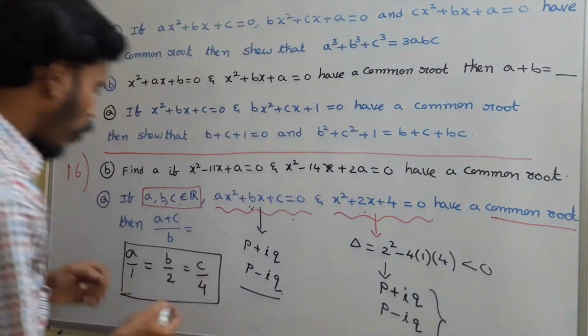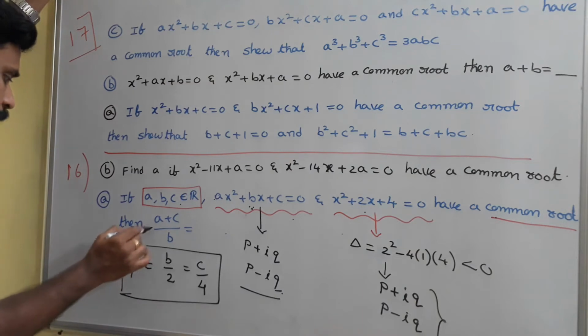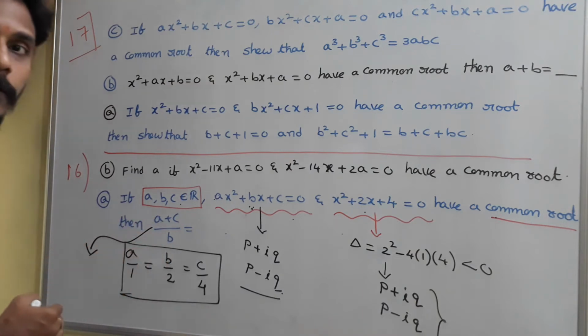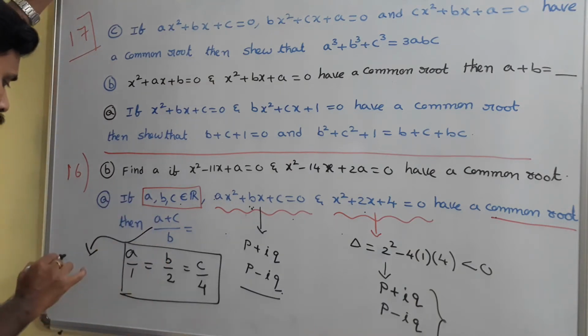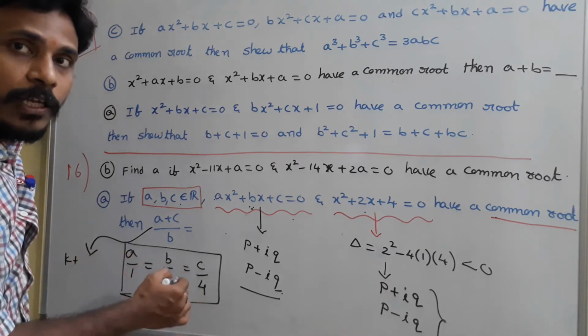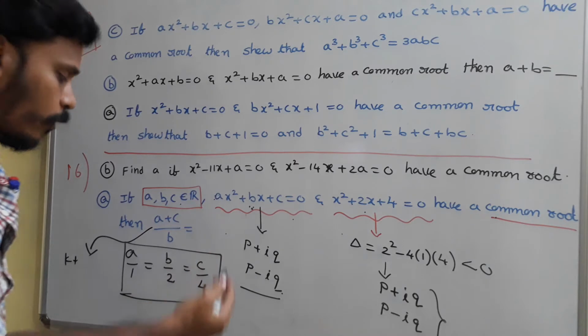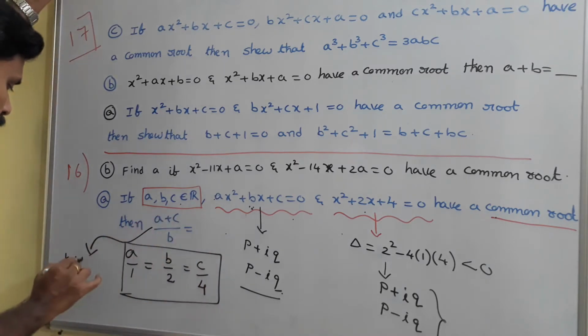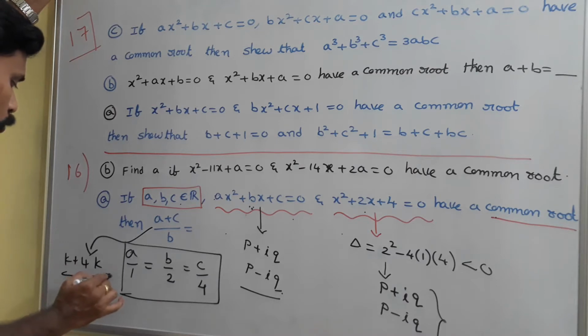To answer this problem, we are searching for a plus c by b. What is a? It corresponds to k. So k plus c, which is 4k, over b, which is 2k. When you solve, you will get your answer as 5 by 2.